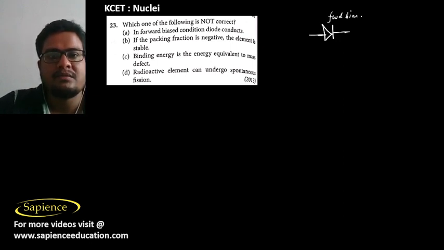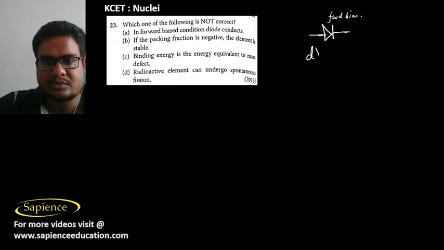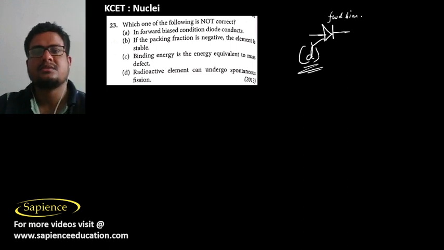If the packing fraction is negative, the element is stable. Binding energy is the energy equivalent to mass defect. Radioactive element can undergo spontaneous fission. No, this is not correct. So in question 23, option D is the correct answer, since it is the wrong statement.